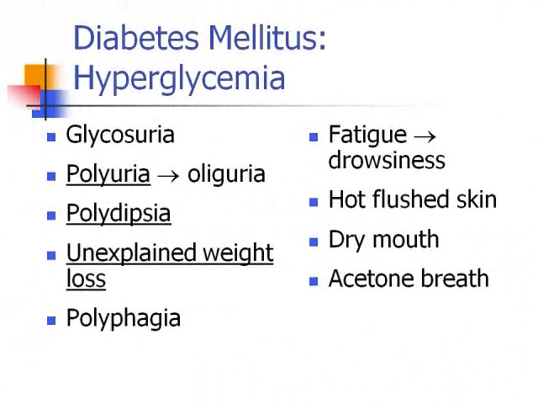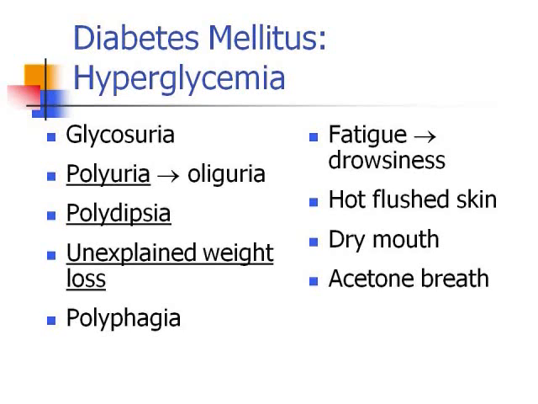With diabetes, we have hyperglycemia. What do we get along with that? We get glycosuria, polyuria. As we said before, you can end up with oliguria as things get worse, polydipsia, unexplained weight loss, polyphagia, fatigue, and the fatigue can end up going into drowsiness.